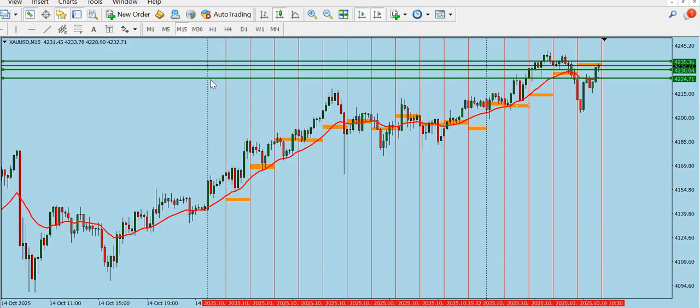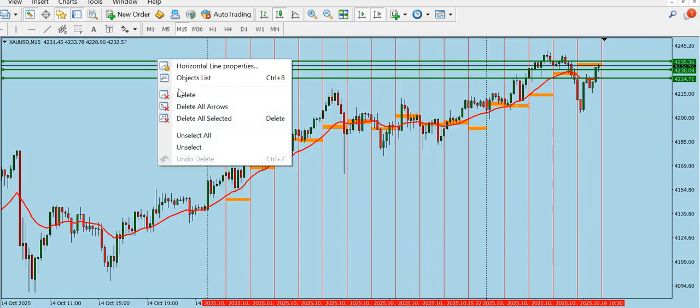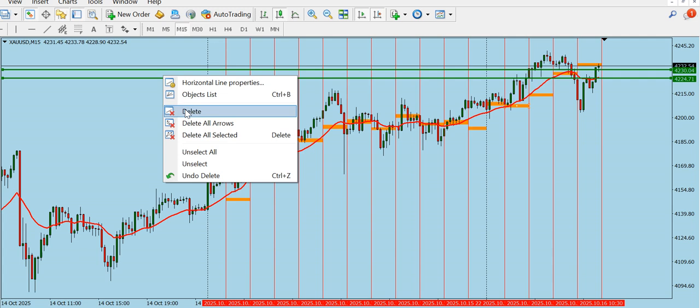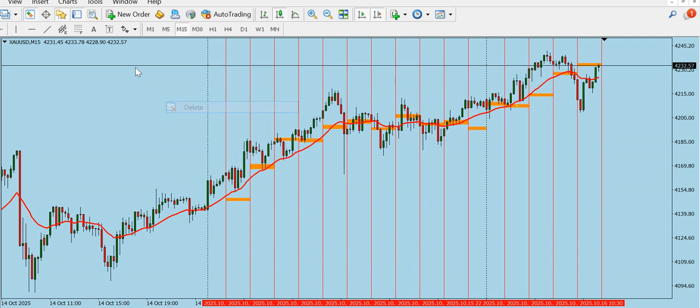So what I'll do next is to remove all the horizontal lines and then connect the end of the support and resistance shape with a diagonal line.